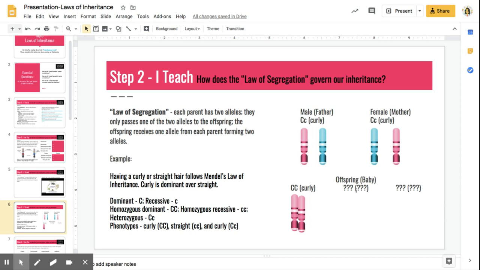Second possibility: between the dominant and recessive allele of the father, the offspring will receive the dominant. And between the recessive and the dominant allele of the mother, the baby will receive the recessive.